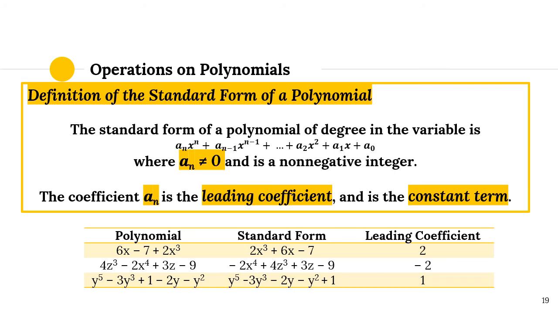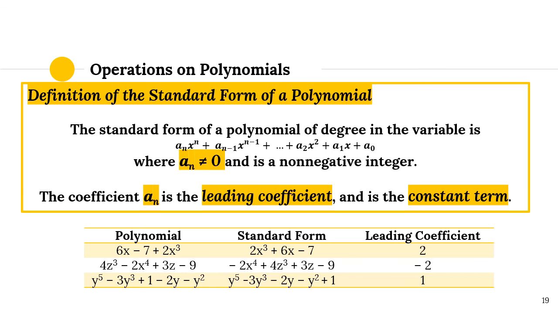Second one, rearranging, you get negative 2x to the fourth first, followed by 4z cubed plus 3z minus 9. Leading coefficient is negative 2. So what you need to do is to use the additive inverse. Negative 2x to the fourth becomes positive 2x to the fourth minus 4z cubed minus 3z plus 9.